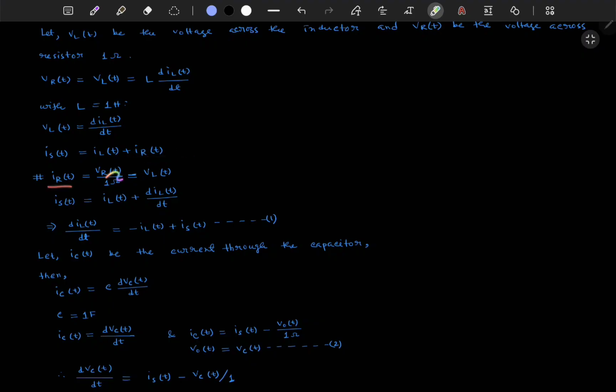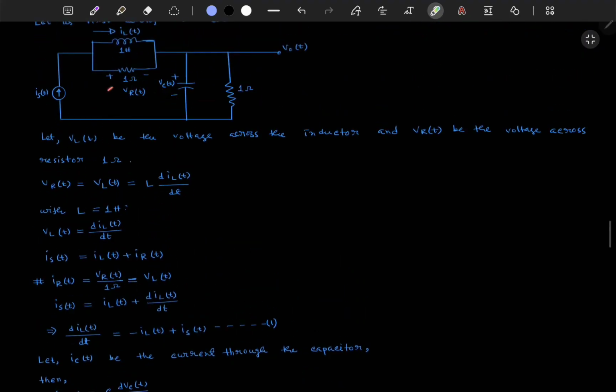IRT is the voltage across it divided by the resistance, which equals VLT. So IST equals ILT plus VLT, and VLT is L dILT by dt with L equal to 1, so dILT by dt. Everything we need to represent in terms of IL and VC, because those are the state variables.